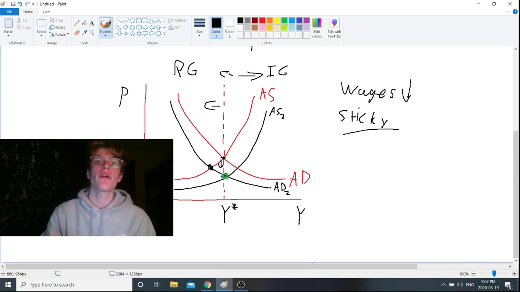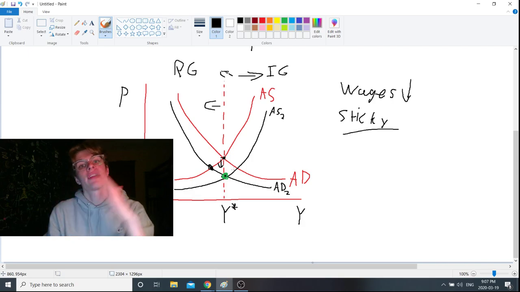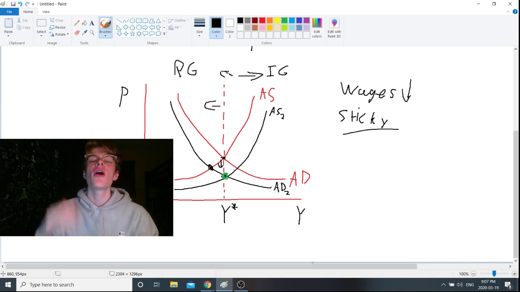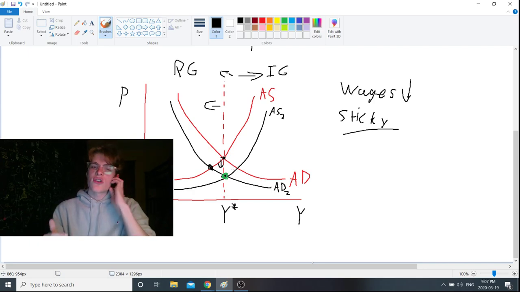More people would want raises, and they would be getting them. And then eventually our aggregate supply curve would shift left, because employers can only pay so many people higher wages. The problem with the other way around is not many people like to take pay cuts. So wages shift downwards really slowly, and this may be an example where government fiscal policy is needed.